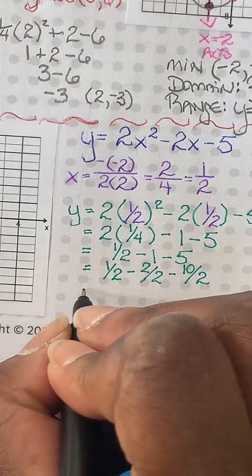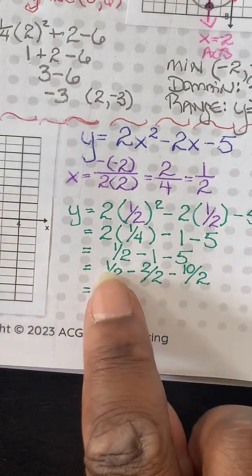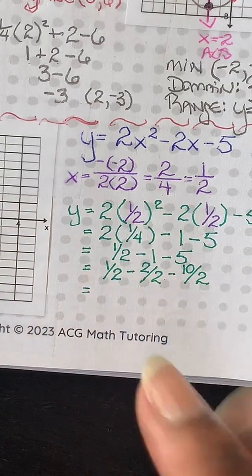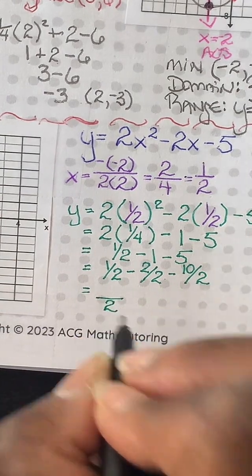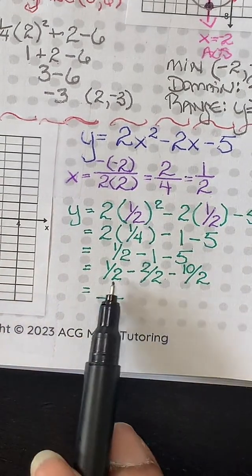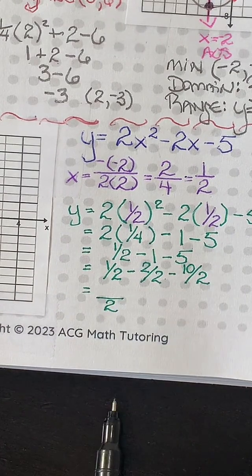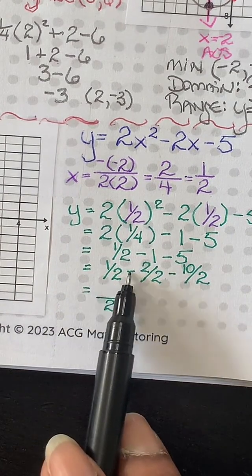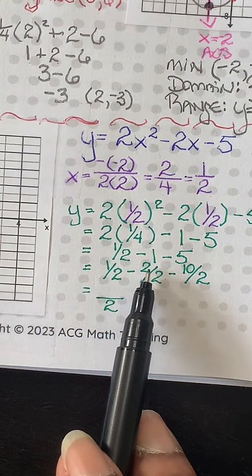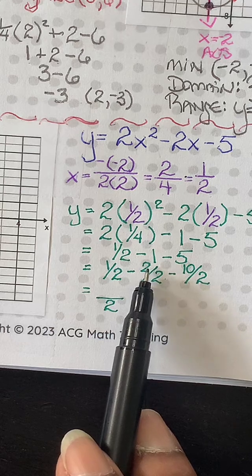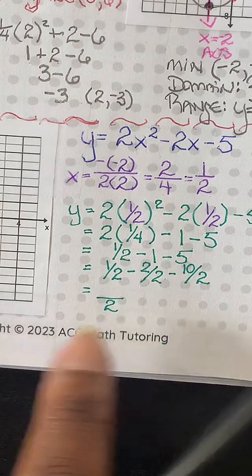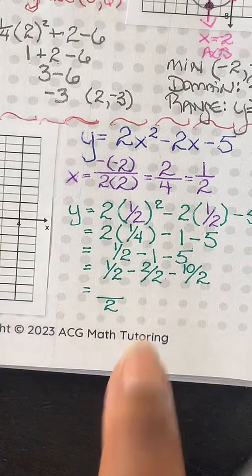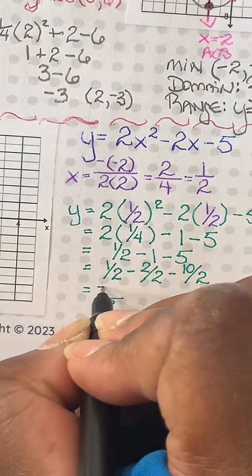So when I combine, I'm just focusing on basically the numerators, because they all have the same denominator. So 1 minus 2 gives me a -1.